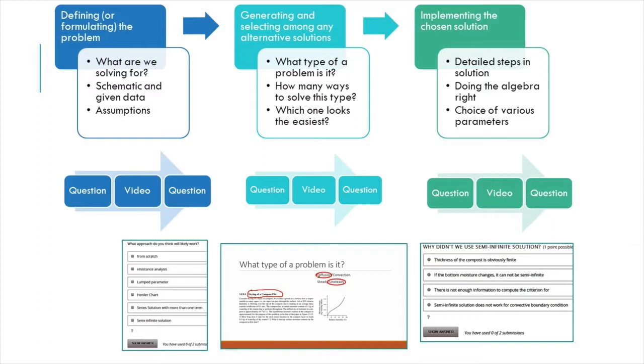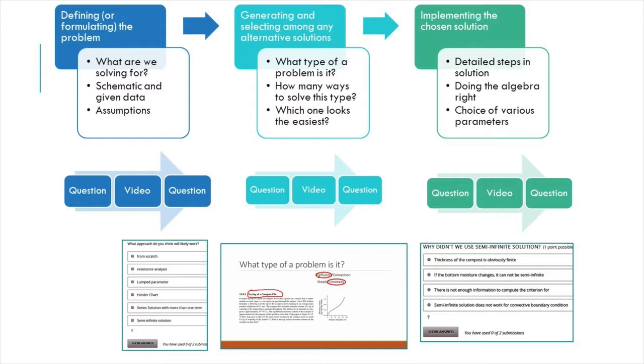What is the schematic? What are the assumptions given? So it is this second step of problem solving that I want to draw your attention to, that is, generating and selecting alternative solutions. That was the critical step I said was missing in the example I showed 2 slides ago.